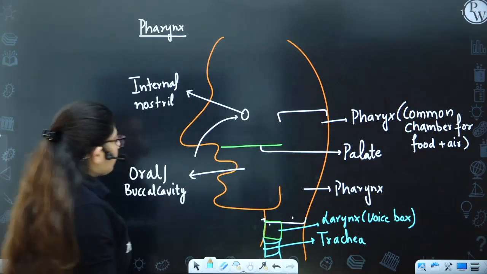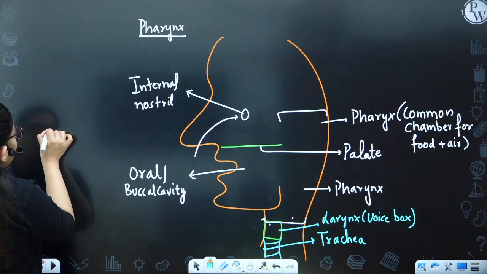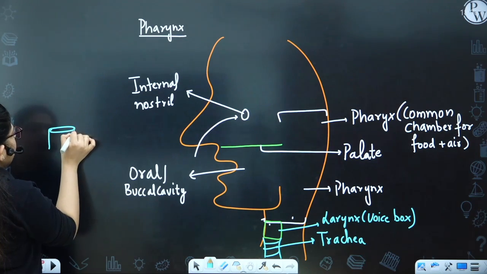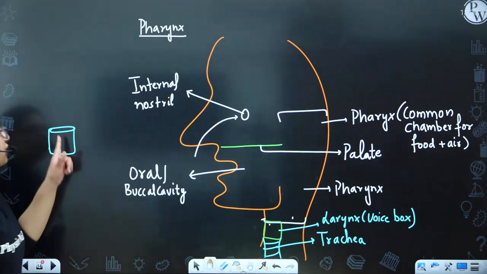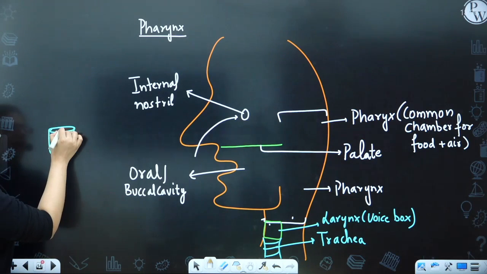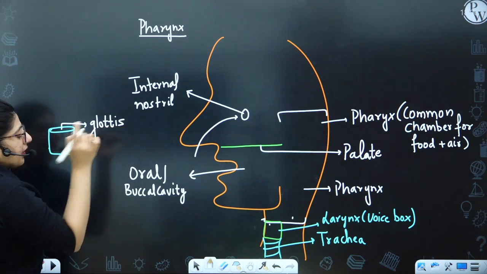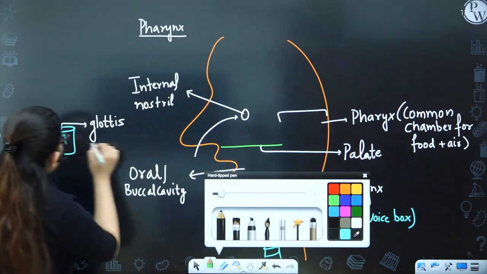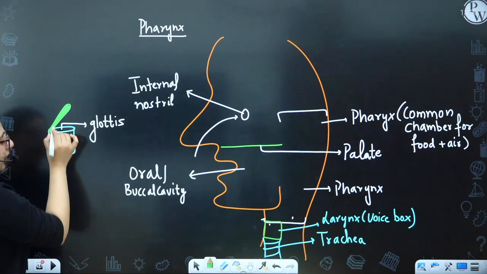All right. So let's talk about the larynx in detail. The larynx is made up of cartilage. The larynx has a small opening, which you call the glottis. This glottis is covered by a flap-like structure, again cartilaginous.